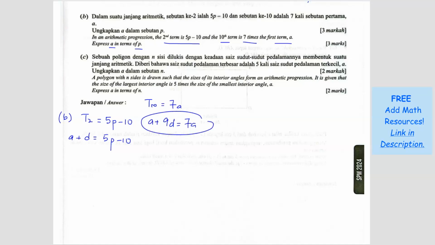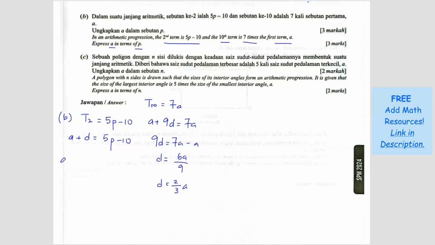So I'm going to rearrange this. I get 9D equals 7A minus A, so I get 6A. So D equals 6A divided by 9. Dividing by 3, I get 2 over 3 A. So D equals 2 over 3 A. Now that you have D, you can substitute into the first equation.